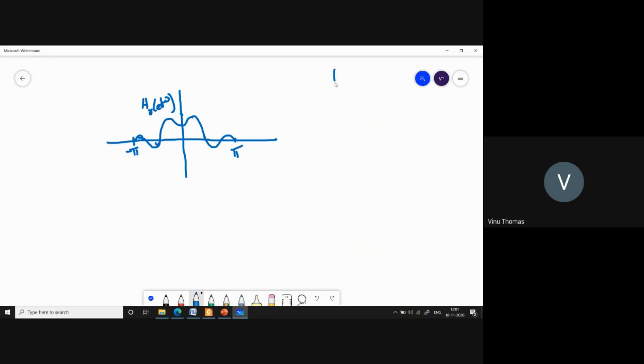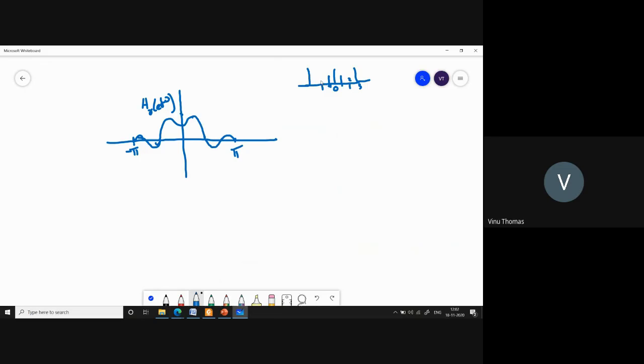For example, draw a random example. So the impulse response is symmetric. Central sample is at 0. So I will mark a few other samples here like this. For example, these may be the samples that you are talking about. So maybe this is your impulse response. So 0, -1, this is +1, this is 2, and this is 3.